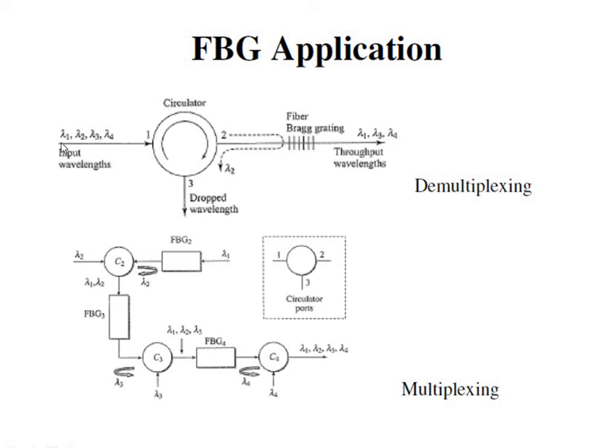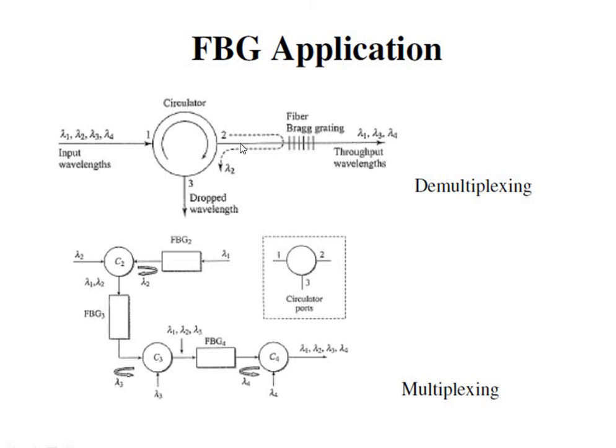Here the four wavelengths, lambda 1, lambda 2, lambda 3 and lambda 4, enter port 1 of the circulator and leave from port 2.